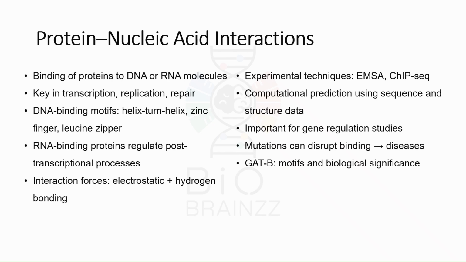These interactions are mainly due to electrostatic and hydrogen bonding forces. Techniques like ChIP-seq are used to study them. Mutations in these interactions can lead to diseases. For GAT-B, remember motifs and their functions.